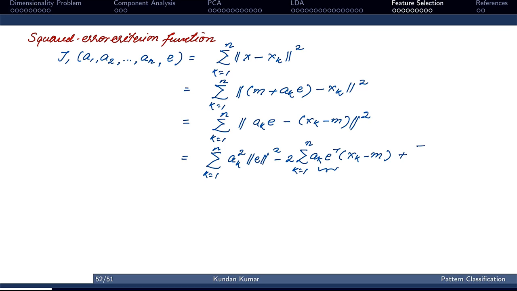Then for the next term, you can recognize that e is the unit vector, so the magnitude of e is 1. We can put that here and try to solve this problem, because we have to minimize this cost function.